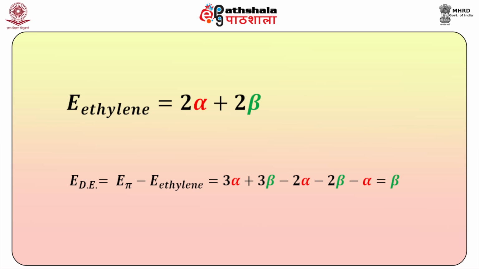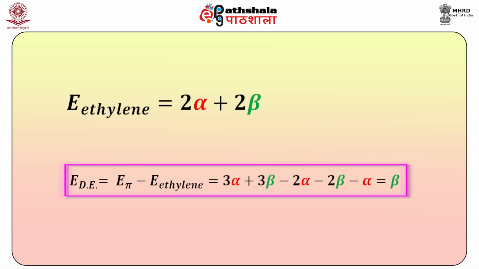And then there is one carbon atom which is isolated, that's not a part of this. Its energy is equal to alpha. That's sort of an isolated atom. So the resonance energy becomes equal to 3 alpha plus 3 beta minus 2 alpha minus 2 beta minus alpha. And if we solve it, it comes out to be beta.